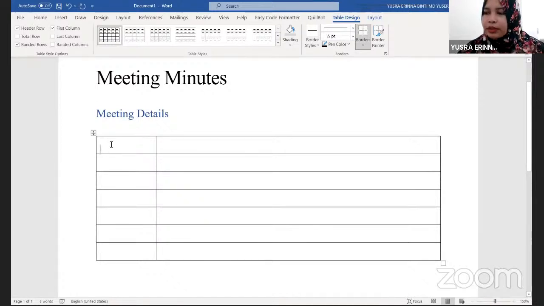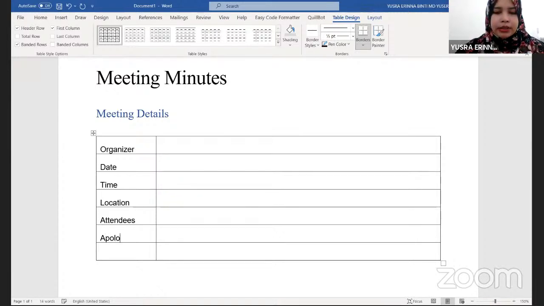And then we just fill in the organizer. Then we have date, time, location, and then we will have attendees, apologies, or if you want to label it as absentees, also no problem.